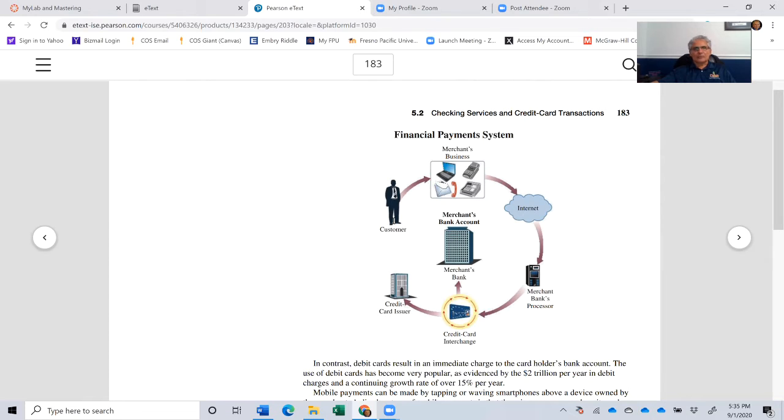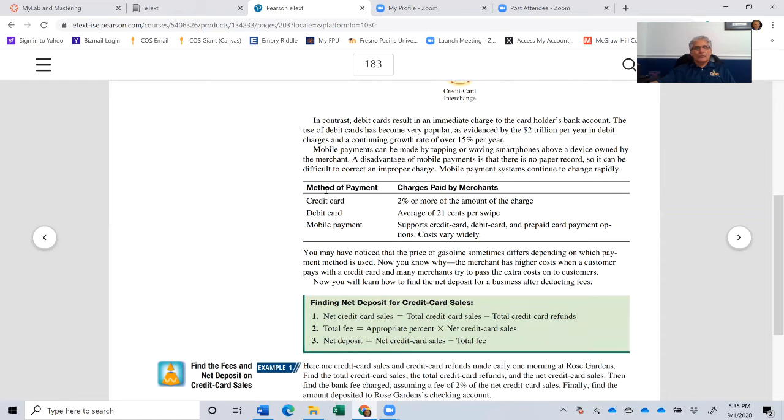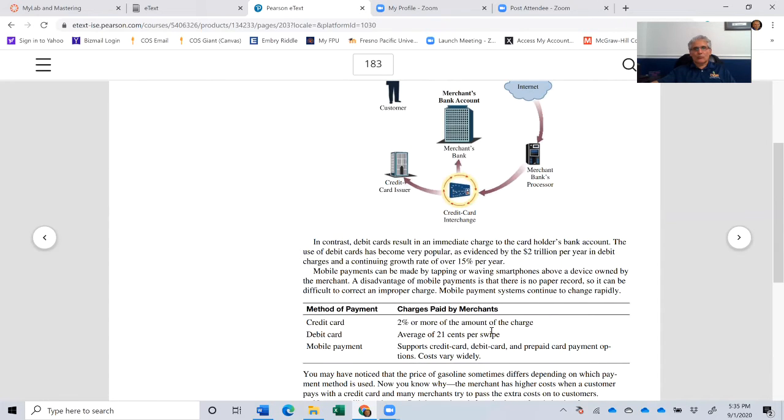So this example specifically is use of a credit card. The customer is using a credit card, the merchant receives the money, and a credit is issued to the credit card holder. When a merchant receives the money via a credit card, often they have to pay a 2% or more amount of the charge to the credit card interchange.